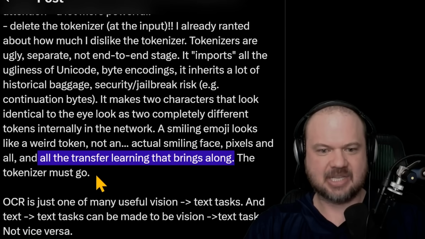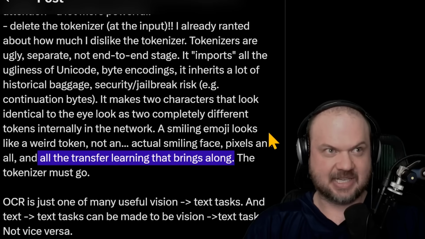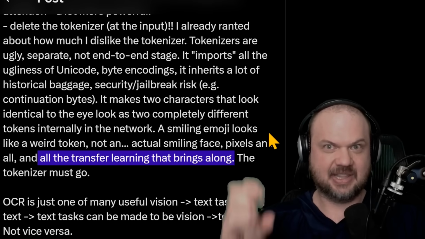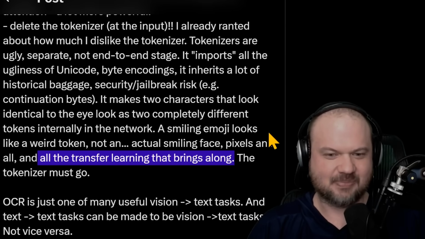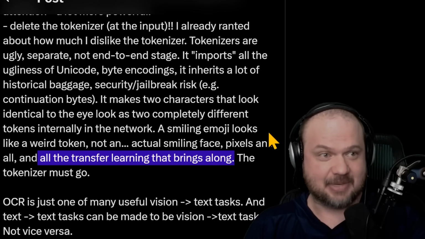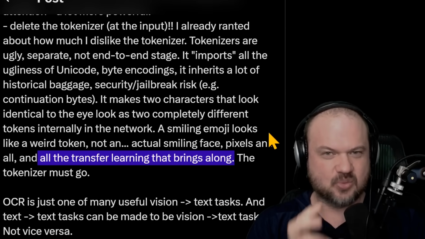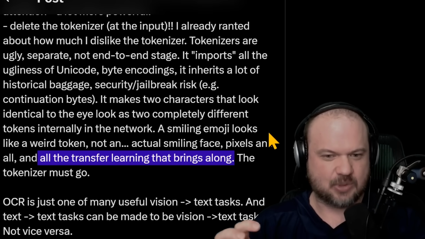The tokenizer must go. And definitely we're losing a lot in terms of transfer learning, because one emoji is this weird thing. You can't really generalize, because there's a million ways you can do a smiling emoji. If you're looking at an actual image, a model will be able to understand that all these are kind of the same thing. Here, we're losing that ability by encoding as some weird token.